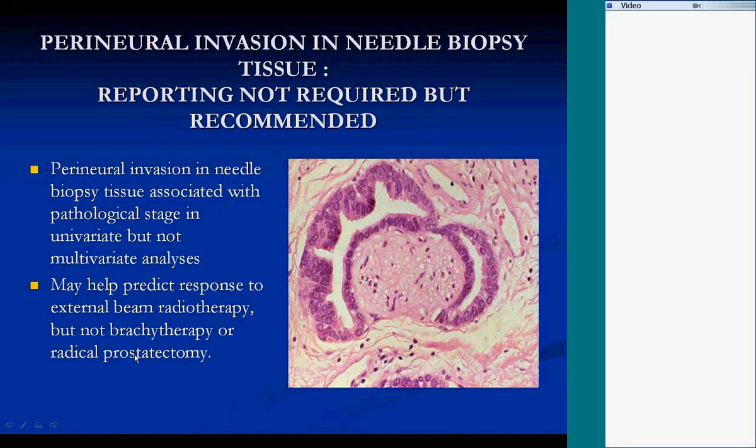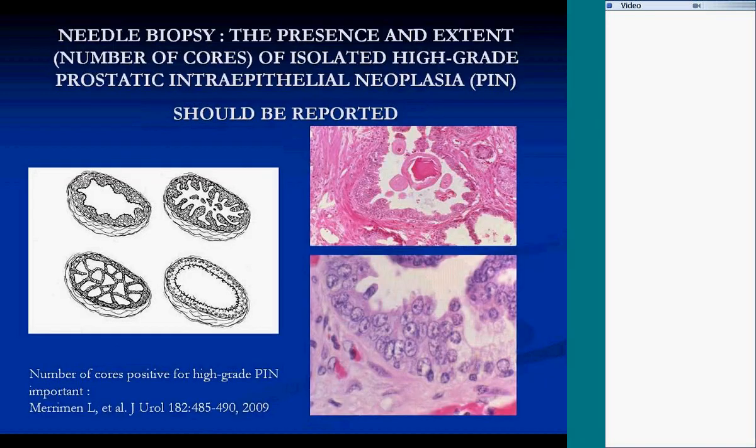For example, it may influence whether the surgeon decides to do nerve-sparing surgery on one side or not. But it's easy to report, so it's optional but recommended for reporting.